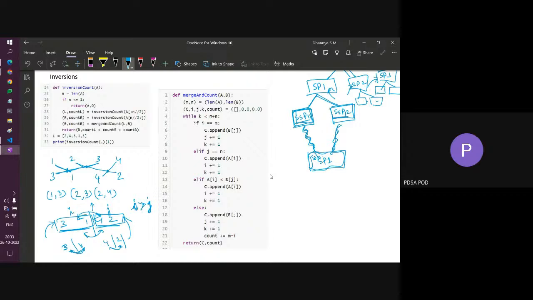That will not be considered when you are considering disjoint subproblems. These are disjoint subproblems, so that will not be considered. In that case, this is an inversion that we have to catch in the merging. The merge process has to handle these inversions.